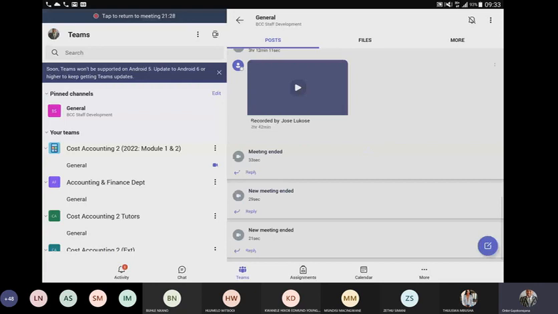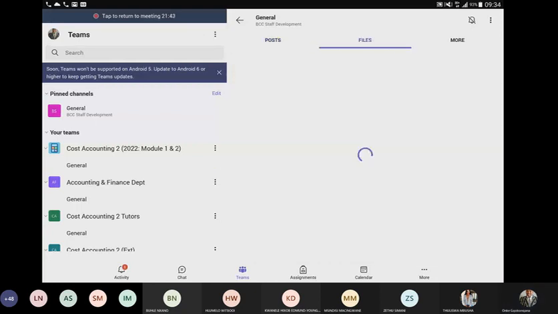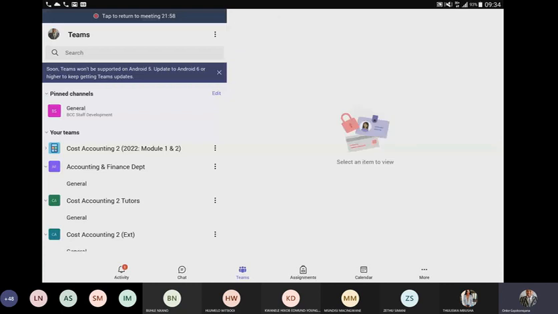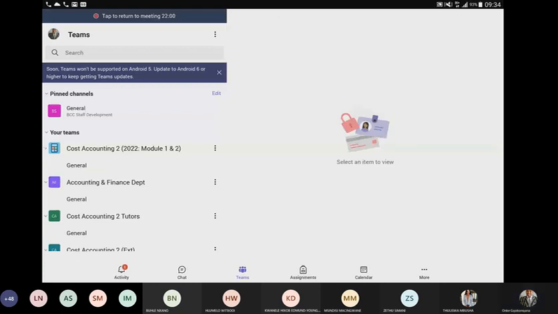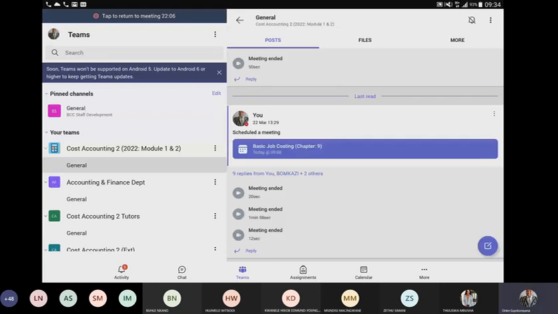Then on the files, I think this opens up, not for the course that we are looking for. Okay, this is where we are. I was lost a bit.